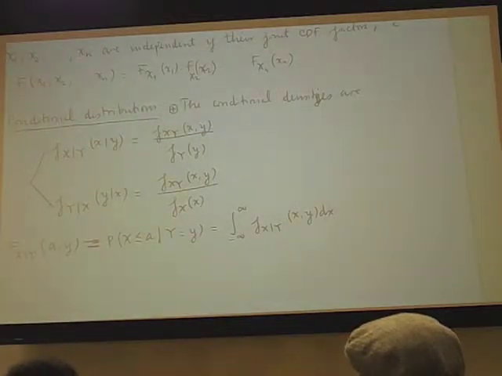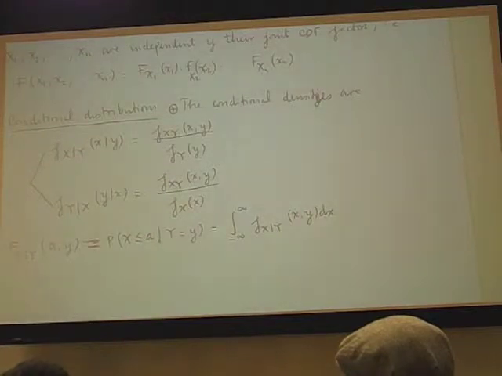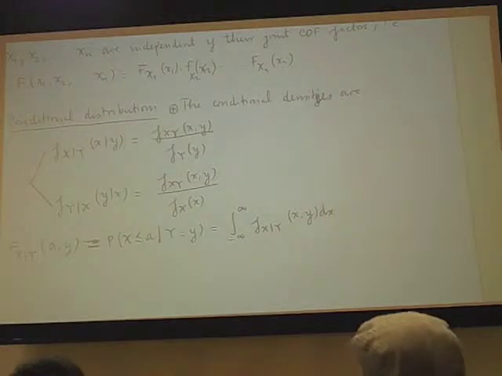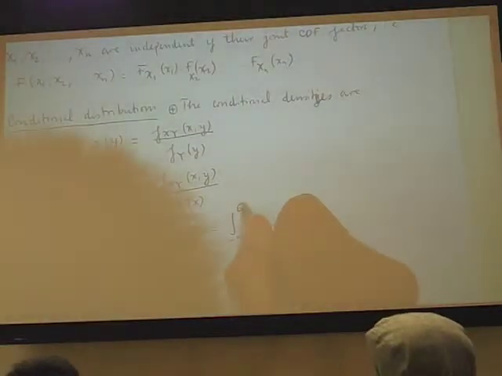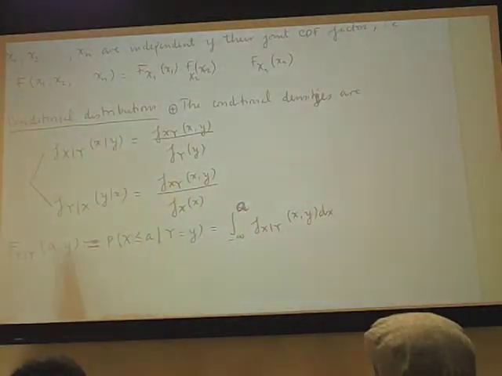Can you see that? Yes? Isn't it different, from minus infinity to infinity? Yes, sorry, this one should be a. Thank you. Because x right here only goes to a. That's it. Does that make sense?